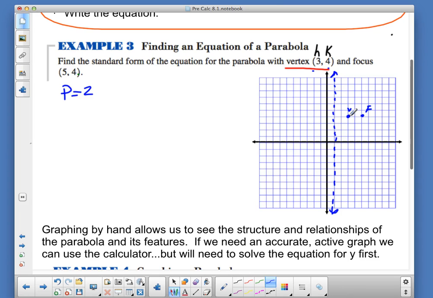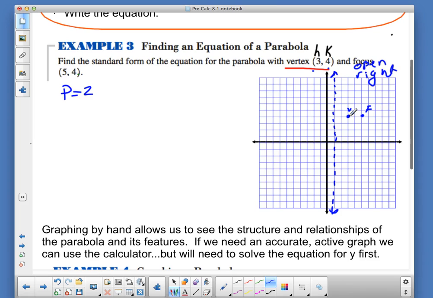Now, my next thing: I've already determined that it's going to be an x or y squared variety. It's open right, because the directrix is the backside. It's going to be open right, and x equals y squared is my open rights and lefts.